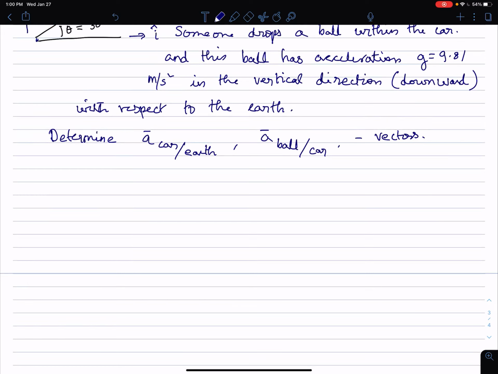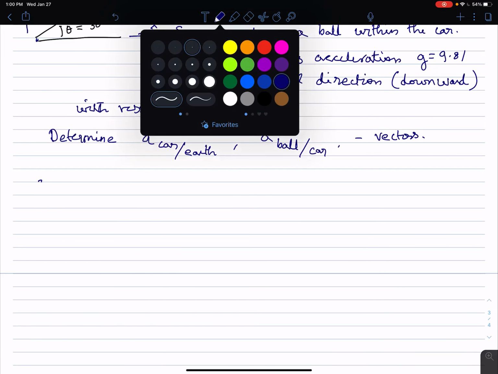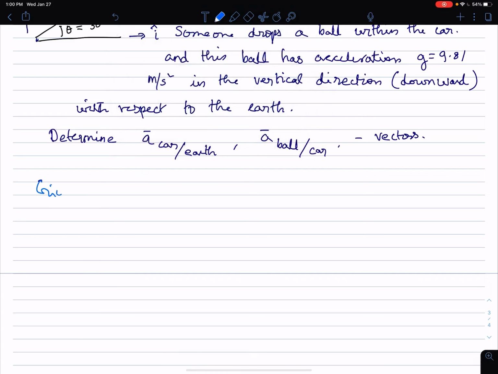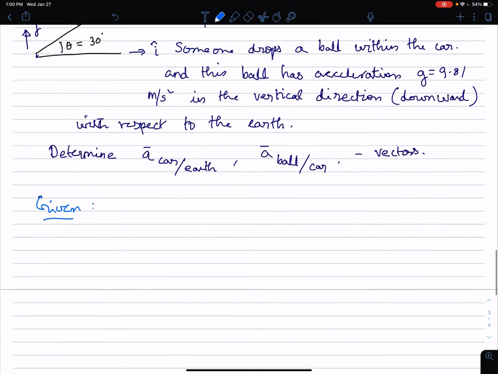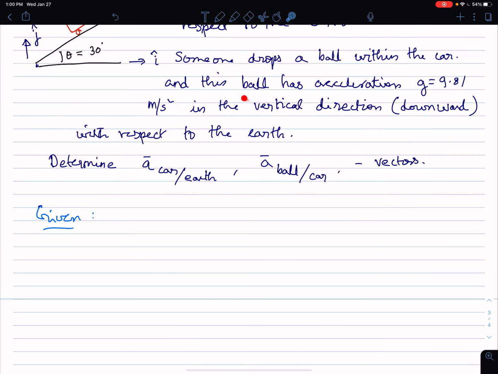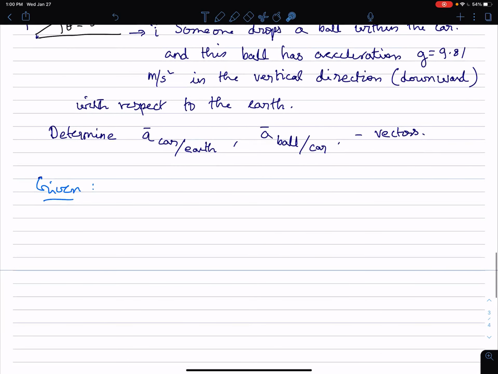So let's write down what is given. Let me use a different color perhaps. So what's given? First of all, we're clearly told that the ball accelerates relative to the earth with basically g in the downward direction. So let's write that as a vector. Acceleration of ball relative to earth equals 9.81 and it's in the downward vertical direction.